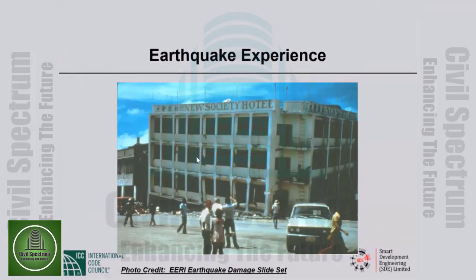So take this building. The left face has shear walls, the back face has shear walls, the front faces do not have any shear walls. So earthquake forces will gravitate to the strong elements, which are the shear walls. So those shear walls at some stage will begin to yield.